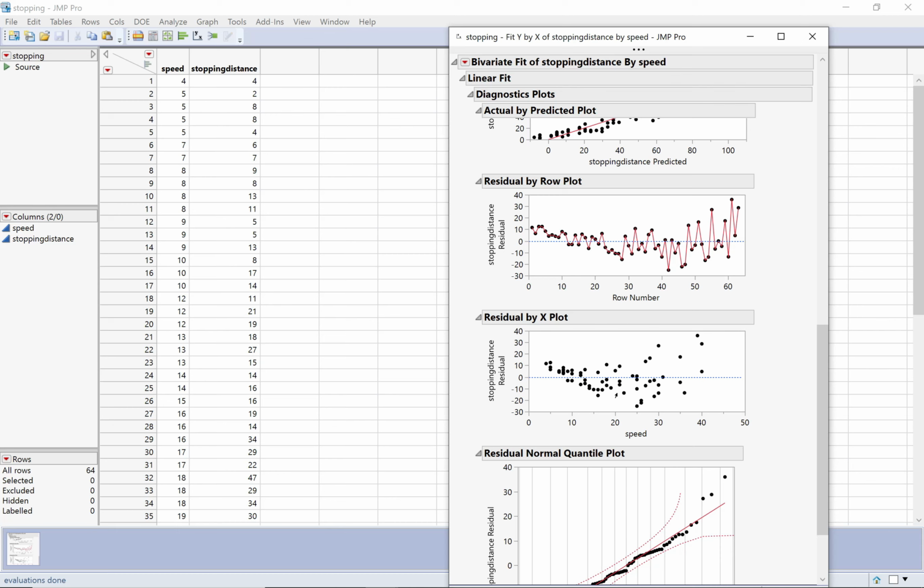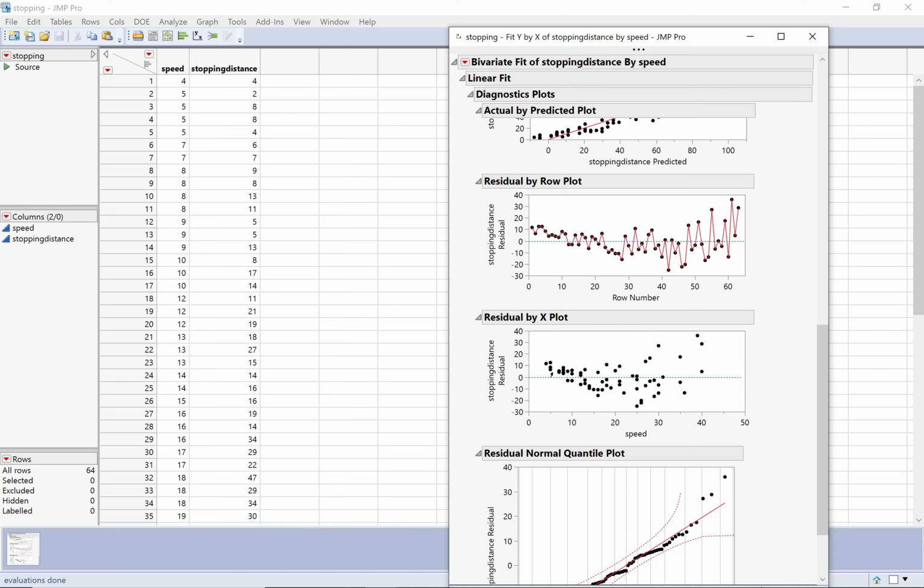It seems like we have a lot of negative residuals here in the middle. If you have negative residuals, that means your actual values are lower than the predicted values. In other words, the model is overestimating there. Whereas if we look at the ends, the lowest and the highest speeds, we have a lot of positive residuals. That means the points are above the line, right?